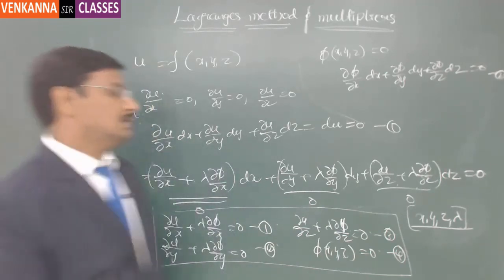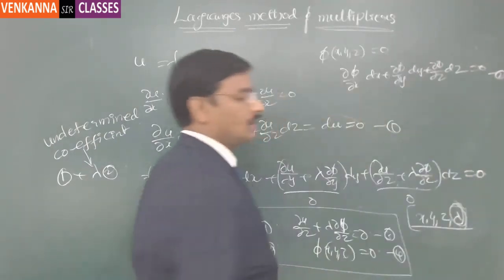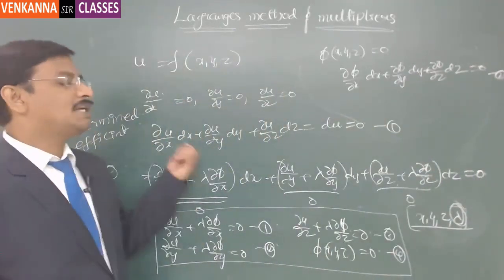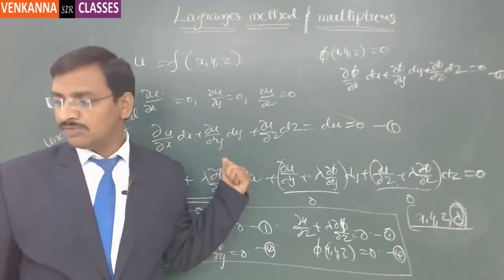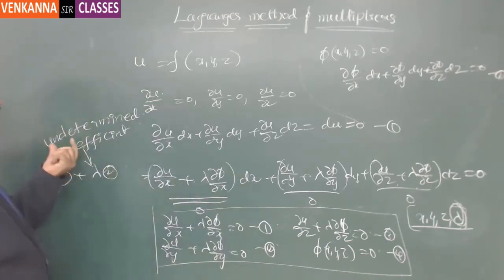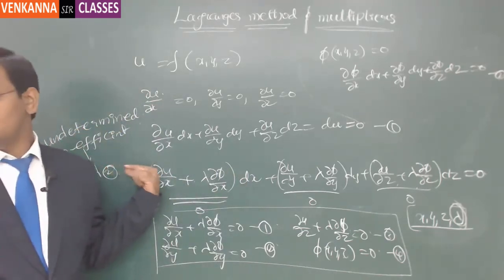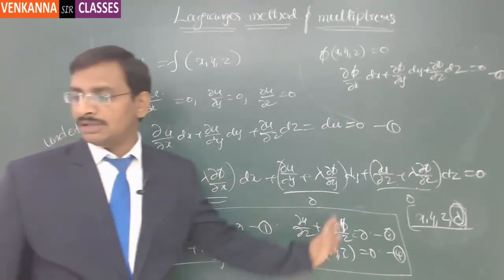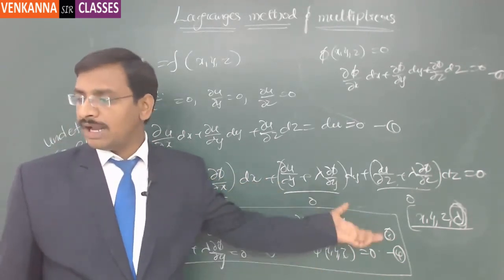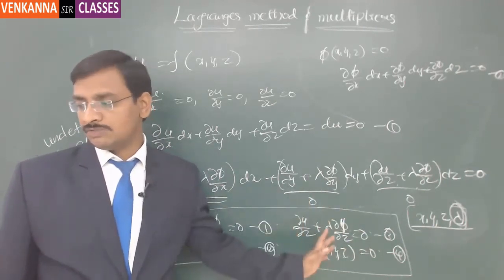Now here, this lambda value you may or may not find out. Why? Because this is a multiplier that got introduced in between to make our work simpler. That's why we call this an undetermined coefficient. That means we don't need to determine it. While solving all these 4 equations, you can avoid lambda, but you can make use of lambda to simplify all other equations for us.